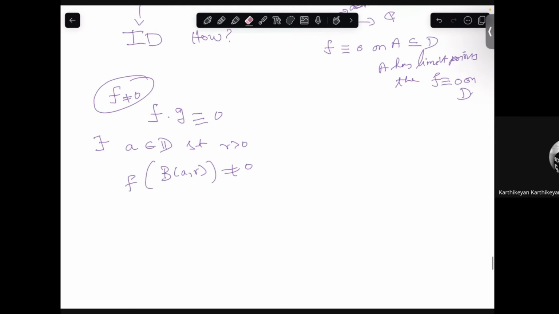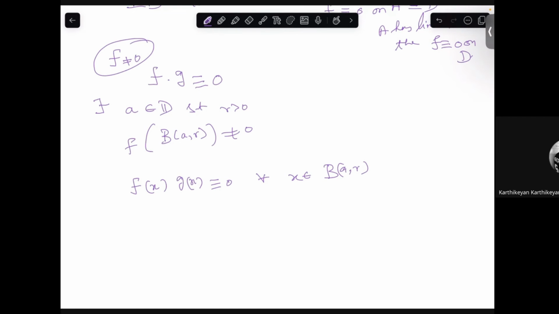It's not 0 at some point, so there is a small neighborhood where it is not 0 everywhere. So f(x)g(x) equals 0 for every x in the ball B(a, r), including a. At a also it's not 0. This implies, since f(x) is not equal to 0 for every x in the ball B(a, r), g(x) must be 0.